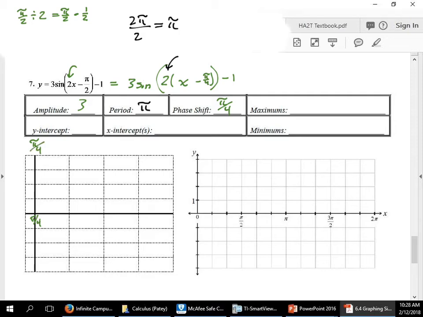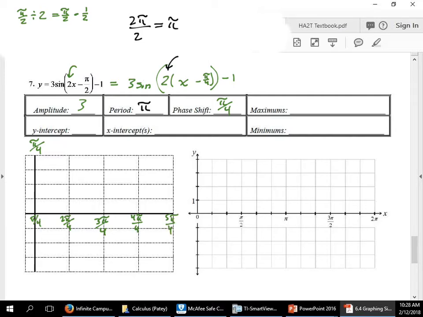Pi over 4. So, pi over 4 plus pi over 4 is 2 pi over 4. Then 3 pi over 4, then 4 pi over 4, then 5 pi over 4. So we got all our x's.